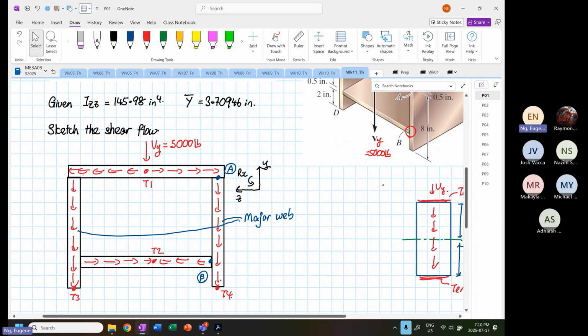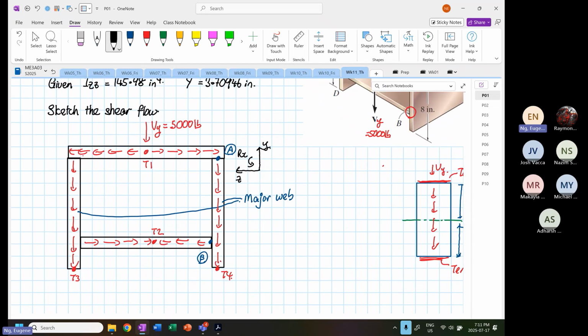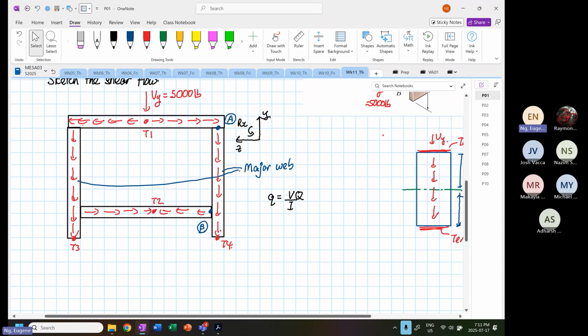Now, first things first. To find the shear flow, the formula that we're going to use is pretty straightforward. So q is equal to V over I multiplied by Q. And we know that this is for thin wall analysis.